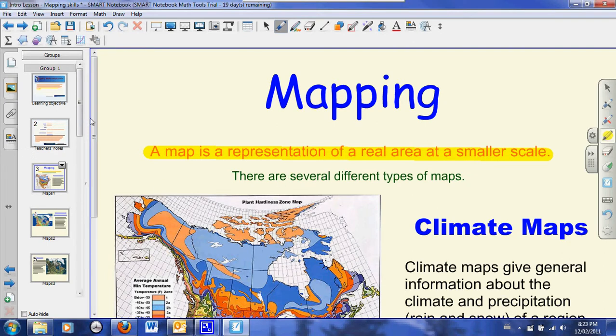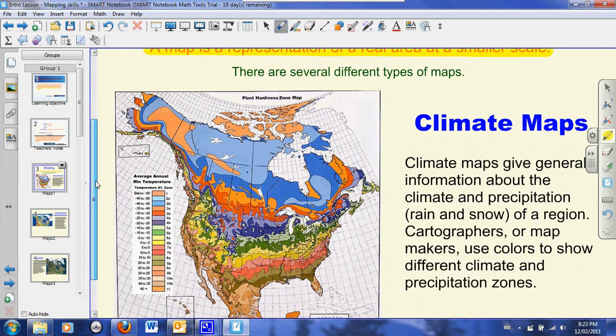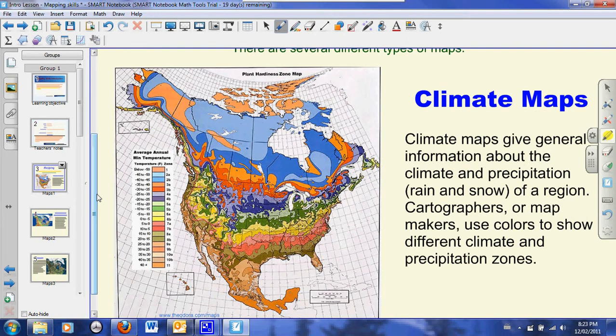So the first type of map that I'm going to show you is a climate map. Climate maps can also show precipitation, and if you don't know what precipitation is, it's rain or snow. Colors are used to show the different climate or precipitation zones. This example is showing annual temperature.